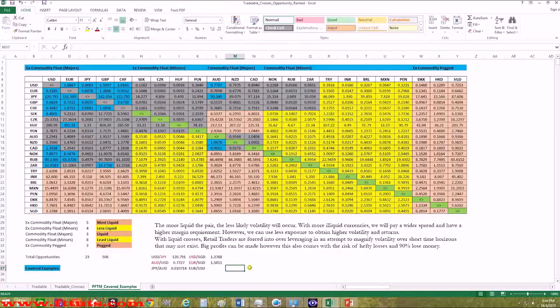Now, what if we looked at a different situation where we looked at the US dollar Sing dollar and the euro Sing dollar exchange rates? What if we wanted to get the euro dollar rate from these two exchange rates?